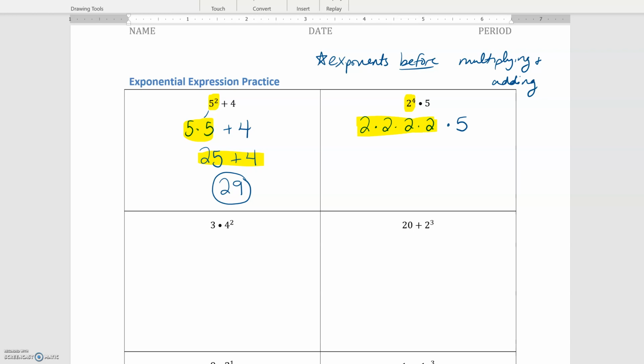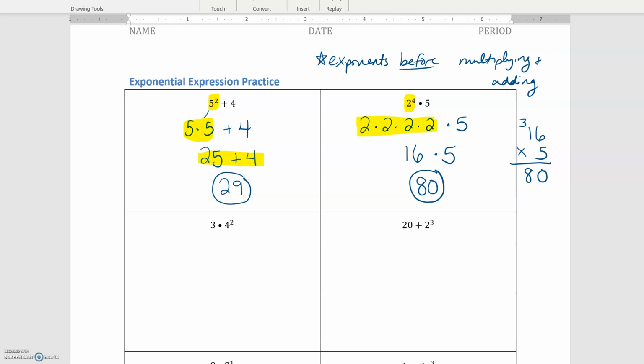So I know that 2 times 2 is 4, times 2 again gives me 8, times 2 again gives me 16. So I know that's 16, and I have this times 5 on this side. So let's do some math on the side here. And if I do my math, I'm going to get 80. So therefore, my expression evaluates to 80.